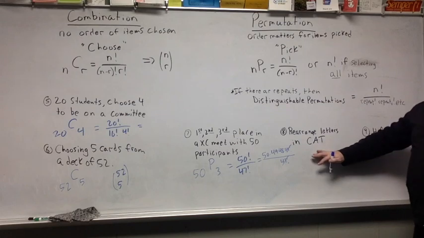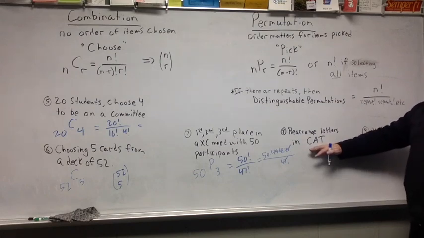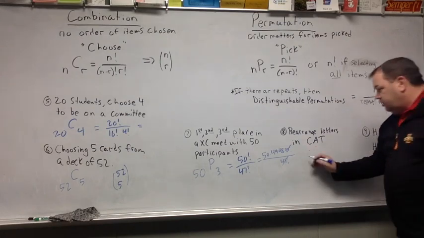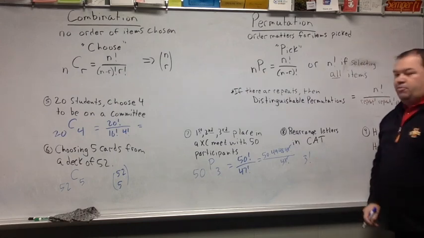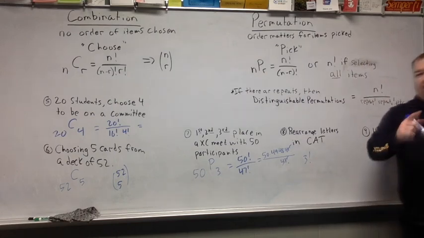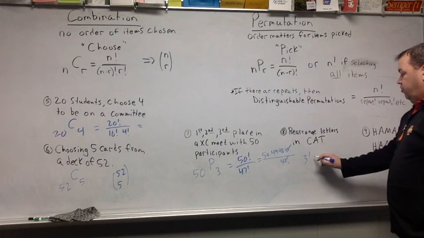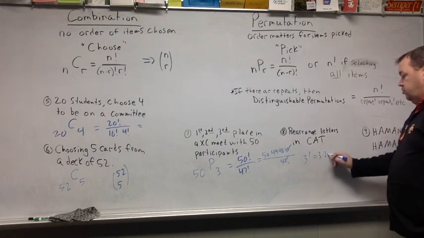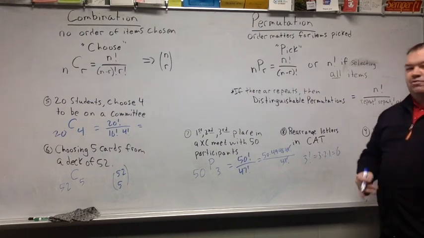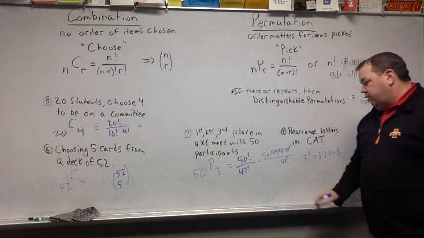Taking letters and rearranging letters. I have 3 letters here. I'm going to rearrange these 3 letters. I'm using all 3 letters. Now, the interesting thing is 3 factorial is 3 times 2 times 1. There's only 6 ways of doing this. And again, order matters.